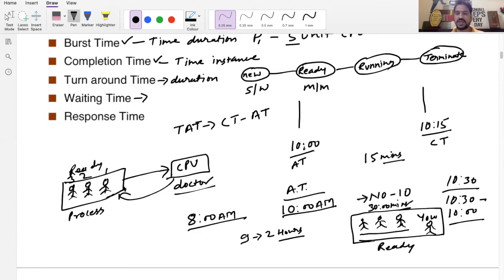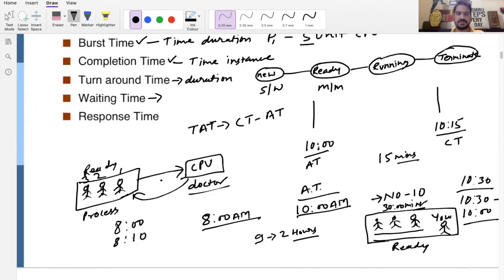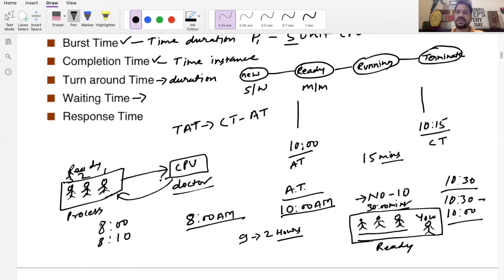So in that scenario, the patient who comes at 8 o'clock, if the diagnosis is not finished at 8:10, has to wait again. This might be the scenario, and the same scenario might happen with the process.